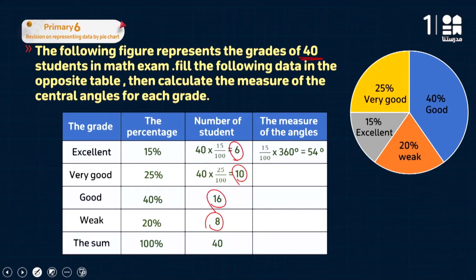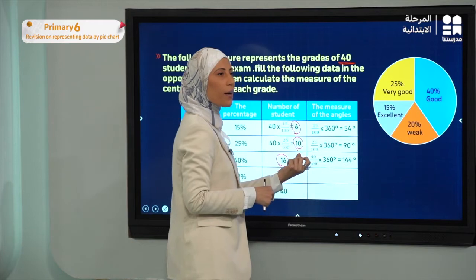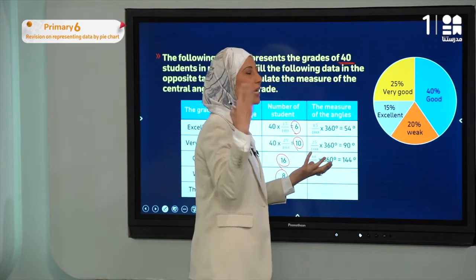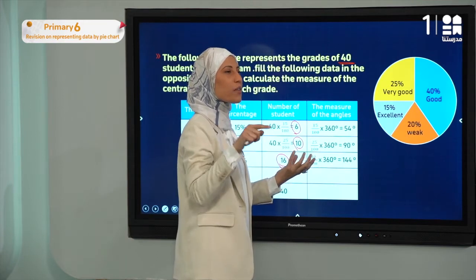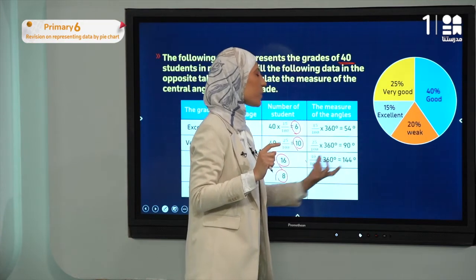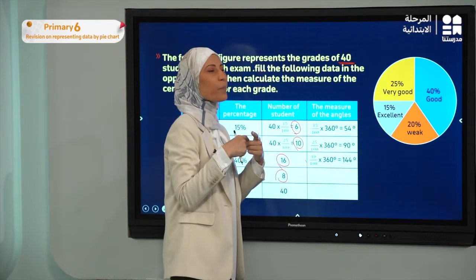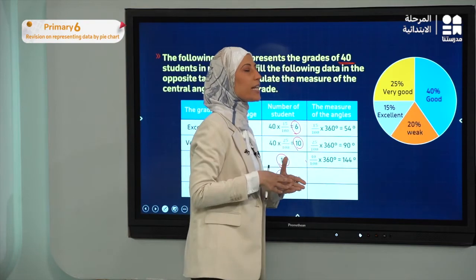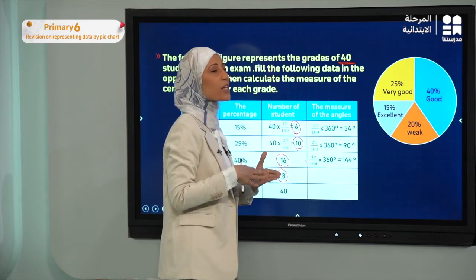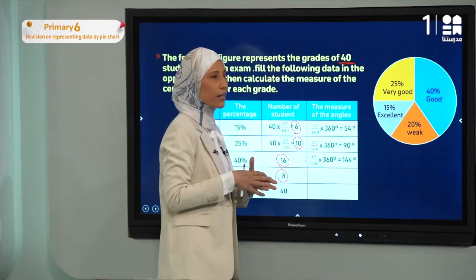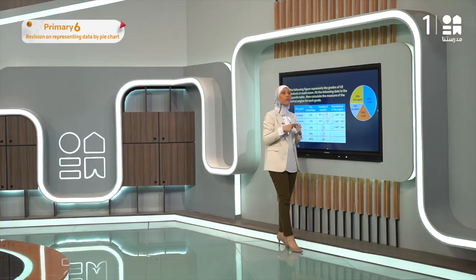So I will make 25 divided by 100 times the total, 360, to find the angle. It will be, of course, 90 degrees. Here let's remember that 25% represents a quarter, and the quarter represents 90 degrees. This is something you are supposed to already know. I know that 50% represents 180 degrees, and that 25%, the quarter, represents 90 degrees. In these basic parts, always remember them so you can solve.